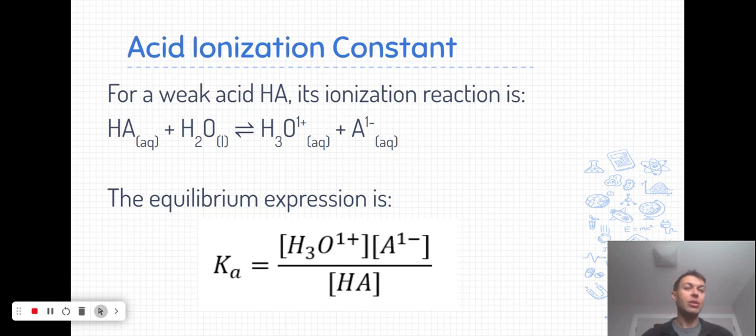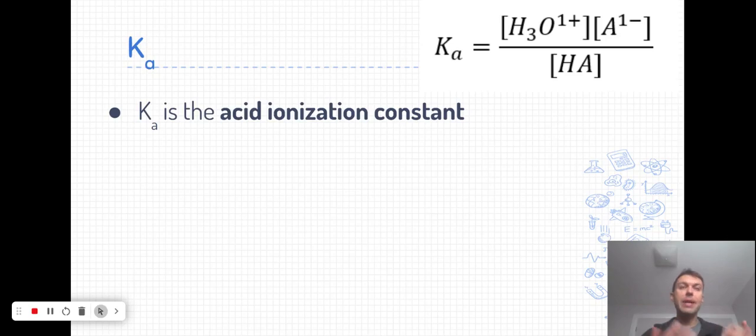This simplifies a lot of things for us because our equilibrium expressions will always look generally the same. The only thing that's going to differ is the identity of the rest of that molecule, that A and the conjugate base A1-. As with many equilibrium law constants, we give this a specific subscript referring to the reaction that it is referencing. In this case, we call the acid ionization constant Ka.